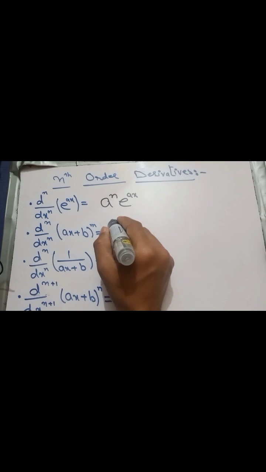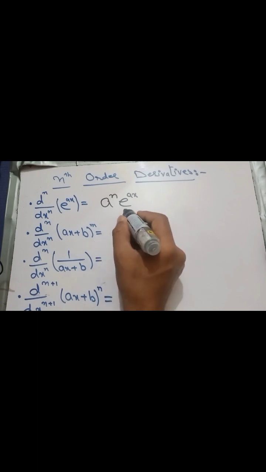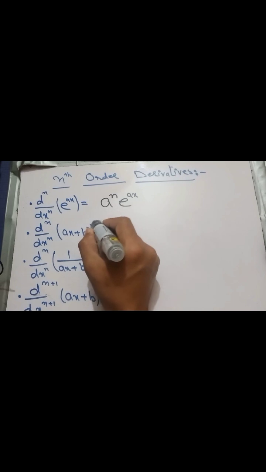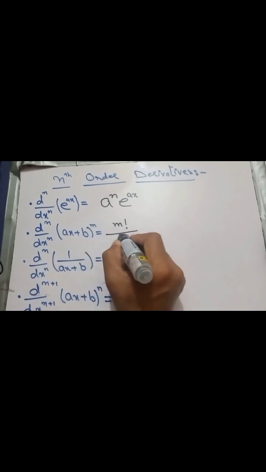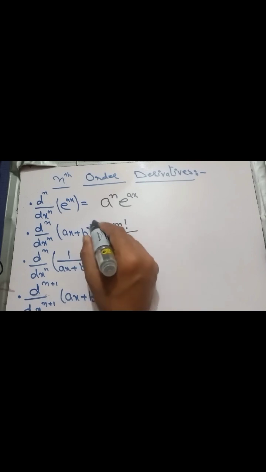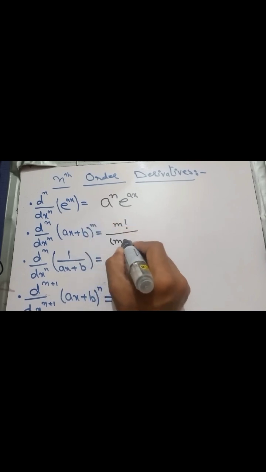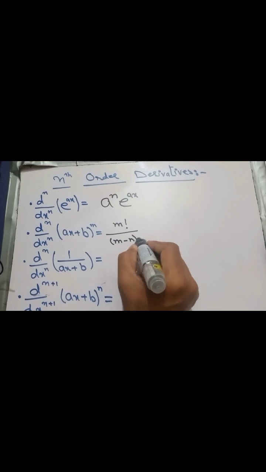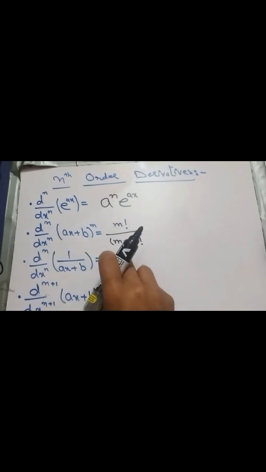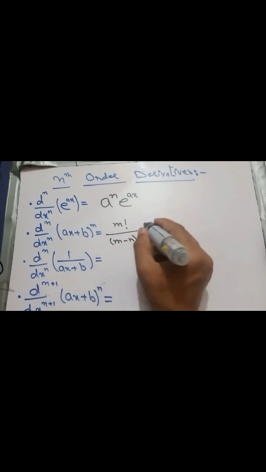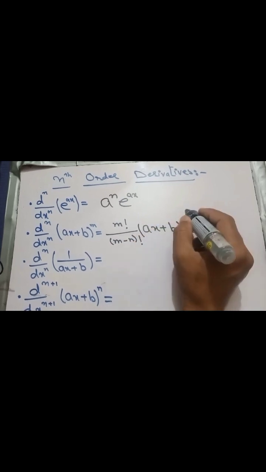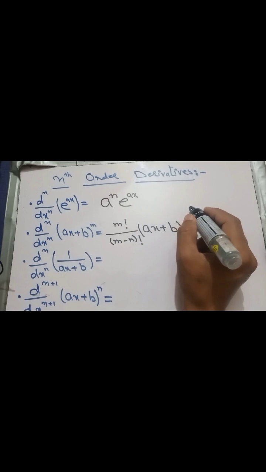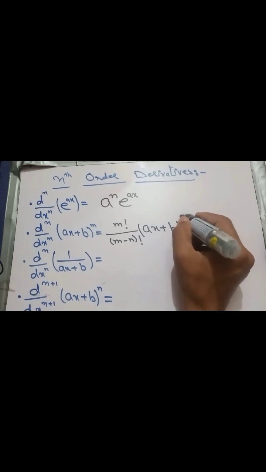So we just need to start: m comes here, m factorial, then we subtract, m minus n factorial in its denominator, and the linear function as it is, but its power is reduced to m minus n.